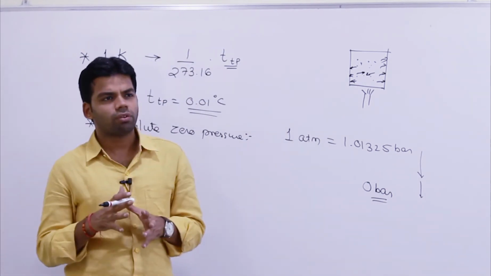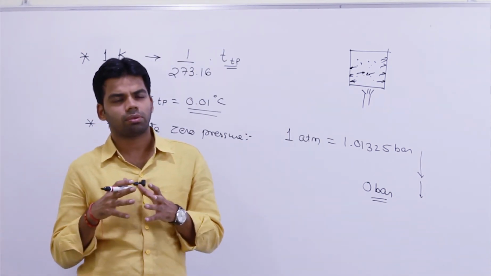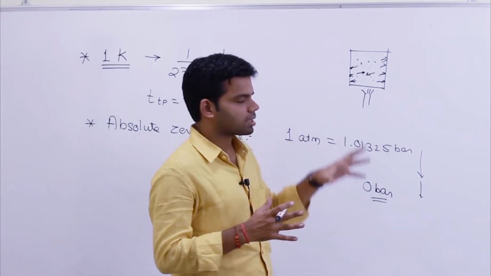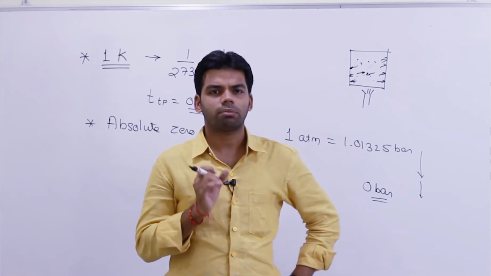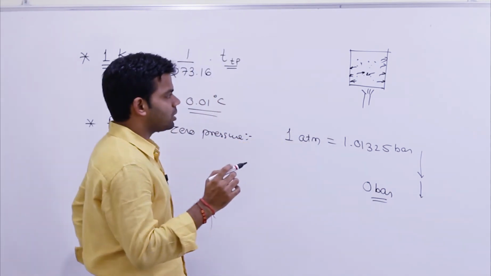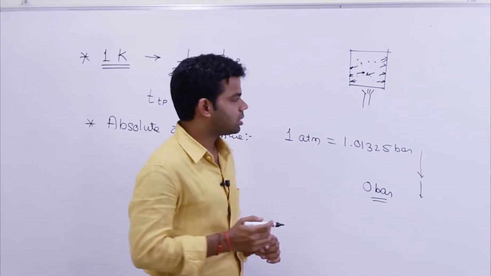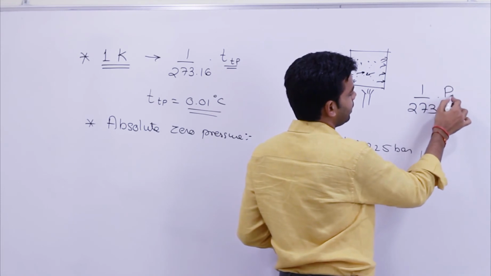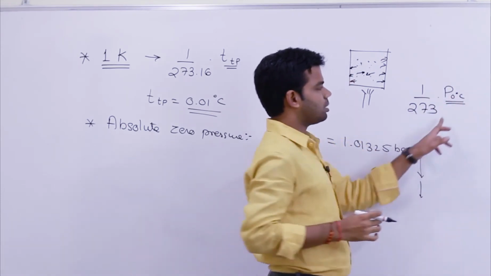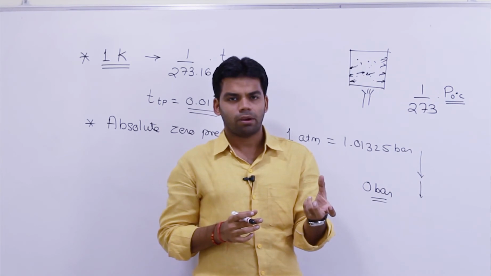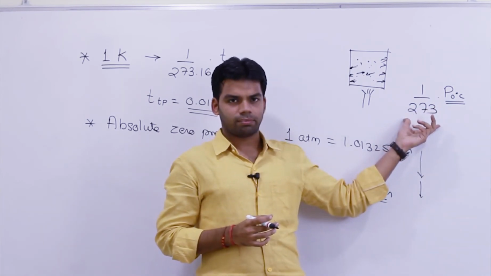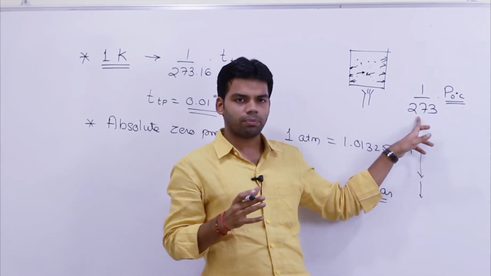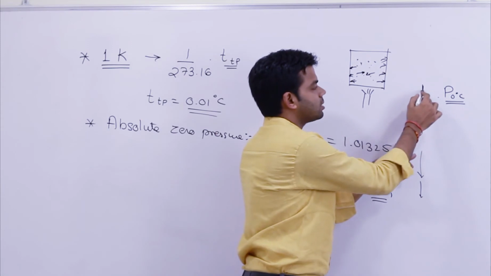Now what will be the pressure increase of any particular gas if we increase the temperature by 1 degree centigrade? The pressure increase per degree centigrade is 1 by 273 of the pressure at 0 degree centigrade. That means whatever pressure we have at 0 degree centigrade, 1 by 273 of it will increase per degree rise in temperature. Suppose we increase the temperature by T degree centigrade.